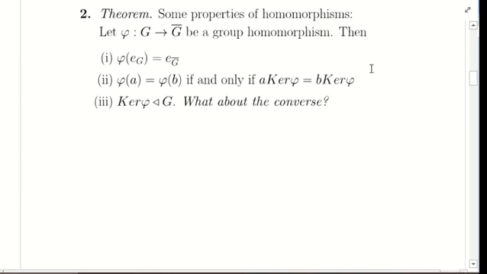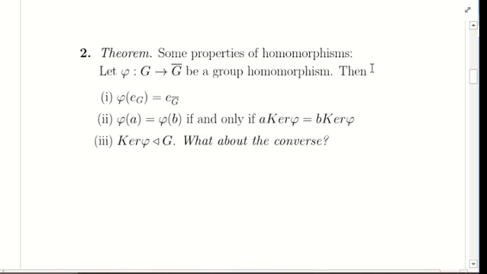All right, so there's a theorem in your textbook. This is theorem 10.1, or at least a mixture of theorem 10.1 and some other stuff. Just some properties of homomorphisms. Homomorphisms send the identity from the domain to the identity of the range.